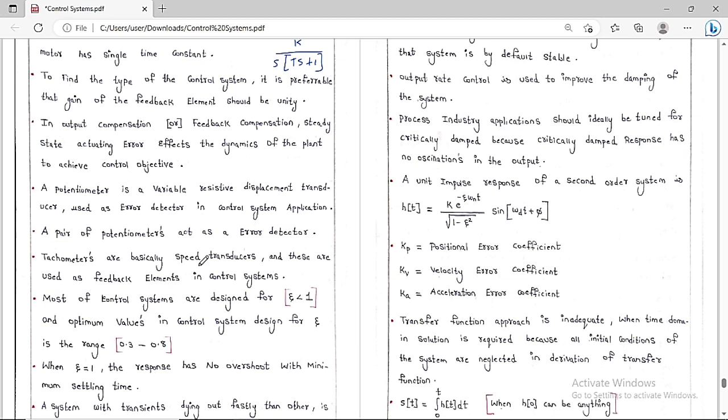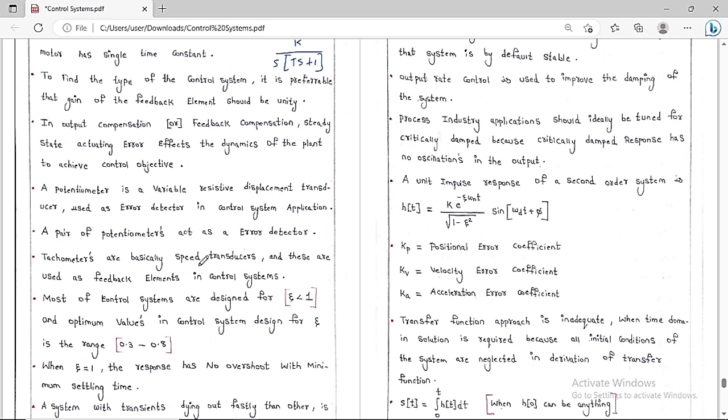Always remember, we always use potentiometers as the error detectors in the case of control systems.